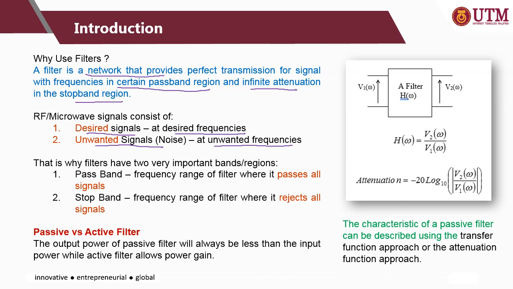So the filter has two important bands or regions: the passband and the stopband. Signals lying within the passband region will be chosen, or filtered in, while signals within the stopband area of frequency bands will be rejected.